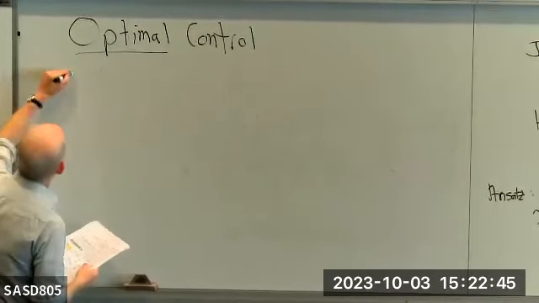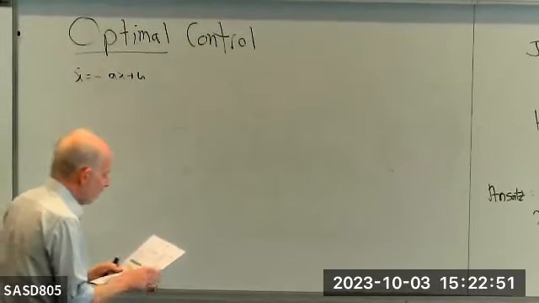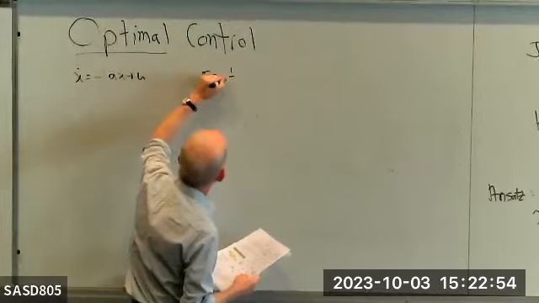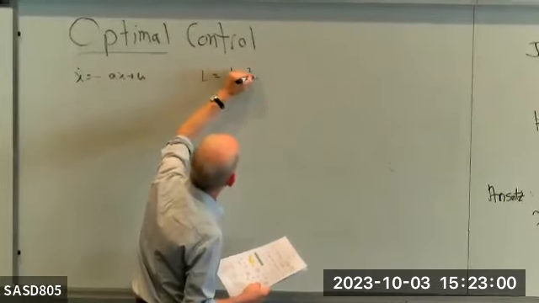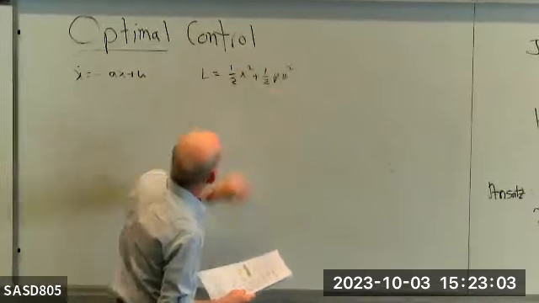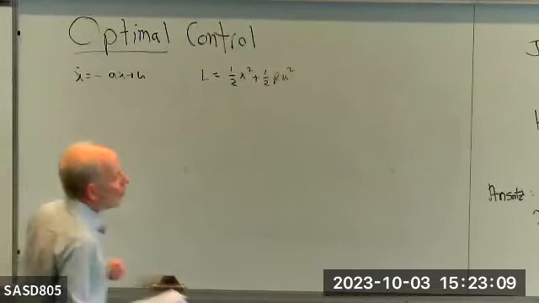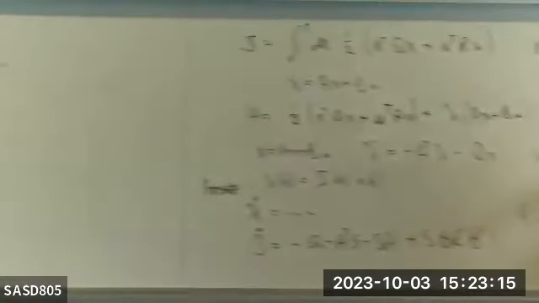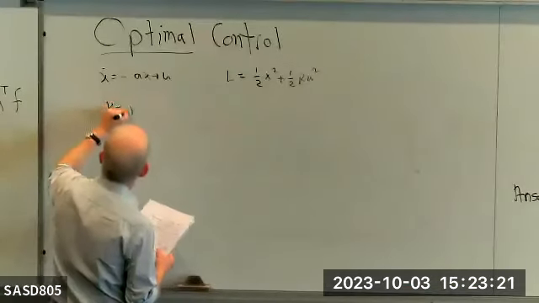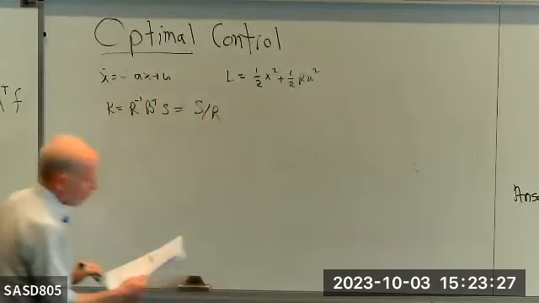So in the 1D control problem, remember it was x dot equals negative a x plus u, and J was, or L was, plus a half of u squared. And so from here, K is going to be R inverse B transpose times S. So K is R inverse B transpose S. That's just going to be S over R in the scalar case.